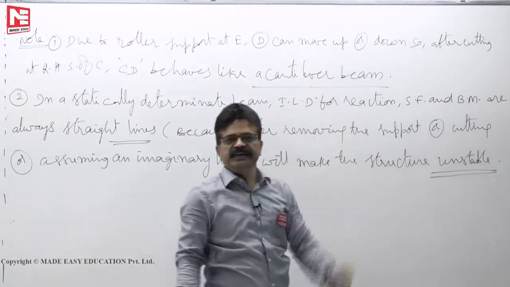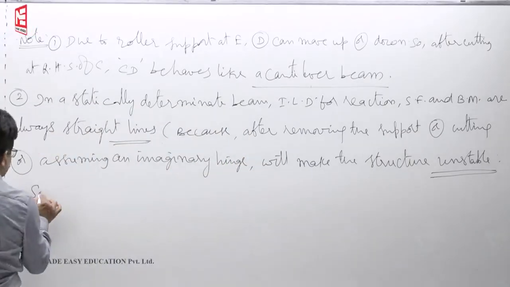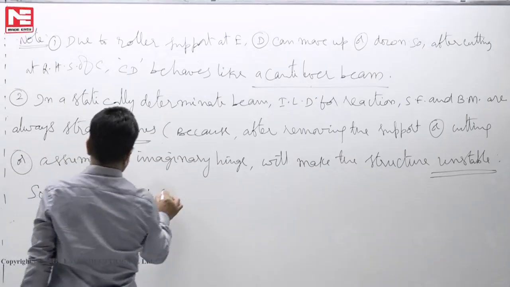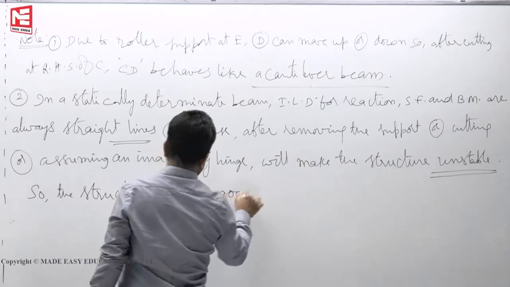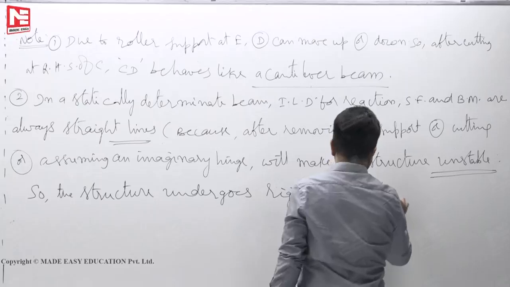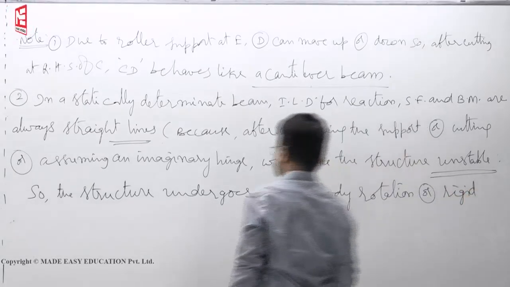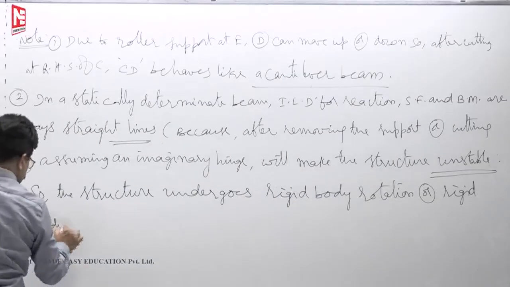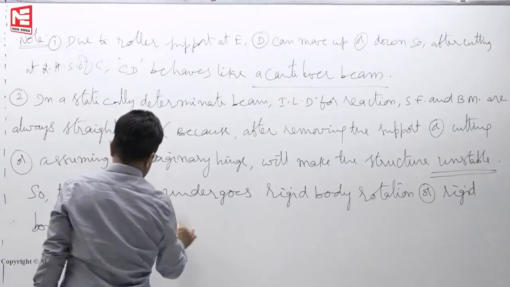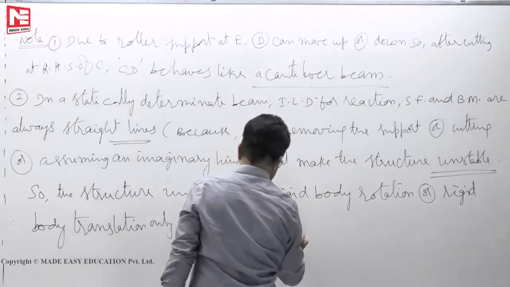In an unstable structure, any displacement you give it as a rigid body, they will rotate or translate. So the structure undergoes rigid body rotation or rigid body translation only. So they have to be straight lines.